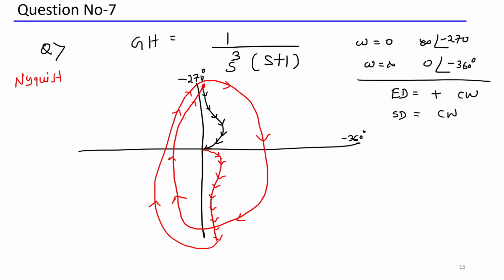So this is your Nyquist plot. I'm not drawing it exactly, but if you look in a book, the circles will be given perfectly. You just understand that this is an infinite radius half circle.